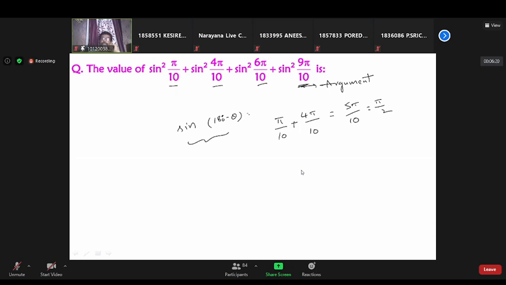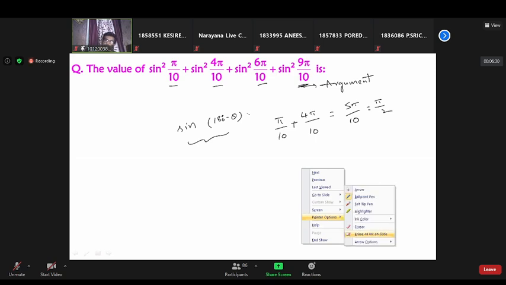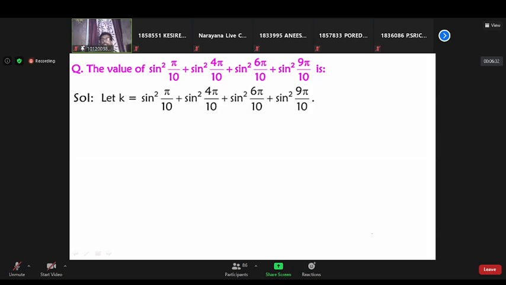Similarly, by using that concept, we are going to apply the co-function theorem here. Let us consider the value to be K. K is equal to sin square pi by 10 plus sin square 4 pi by 10 plus sin square 6 pi by 10 plus sin square 9 pi by 10.